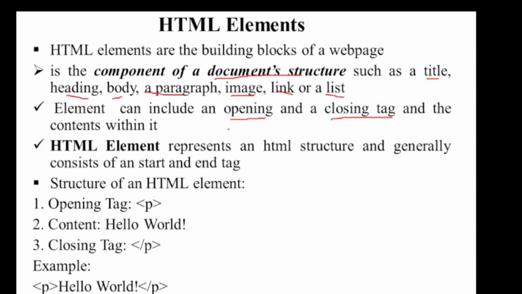Between the opening and the closing tag, there must be content. So look at this simple structure. Opening tag means this, for paragraph. This is the opening paragraph tag. Hello world. Hello world is the content. The other, the closing tag. This is the paragraph closing tag. So look at this one: the opening tag for paragraph, this is the content, and this one is the closing tag. The closing tag means this angle bracket with a forward slash.